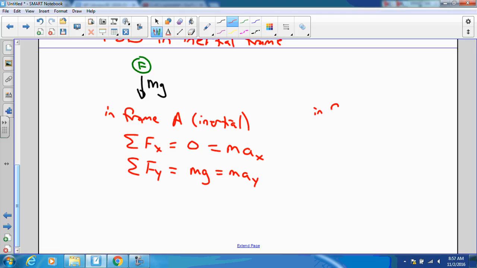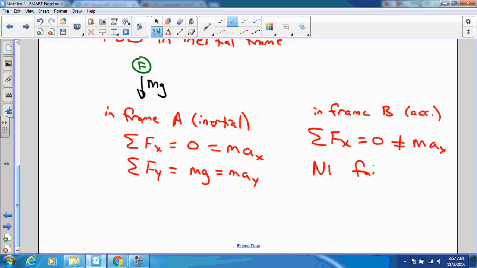Over here, in the accelerating frame, Newton's first law fails because the sum of forces on the frog in the x direction is 0, which is not equal to the mass of the frog times its acceleration. So Newton's first law fails. And in fact, if we had some additional force acting on the frog, Newton's second law would fail as well.